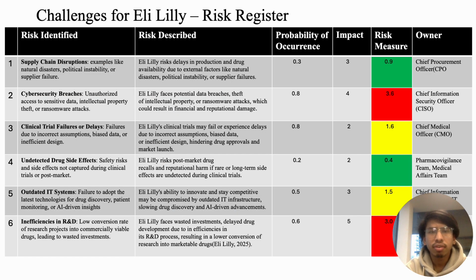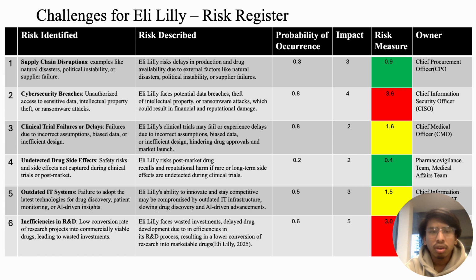Now, the challenges of Eli Lilly. It's the risk register, showing how much risk they have in different areas. For supply chain disruptions, some of them are natural disaster and political instability. For this, Eli Lilly has very minimum risk, and the owner of this is the chief procurement officer. For cybersecurity breaches, the risk is very high because there's more risk of hacking and everything.